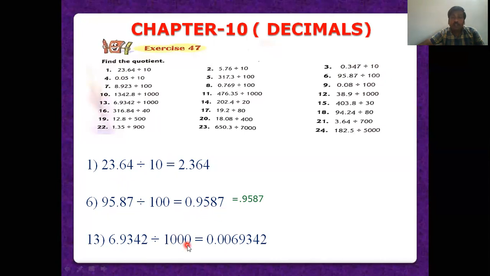And here it is 1000: move the point after 3 digits to the left side, but here there is only one digit, so write 0 and 0 before 6. It makes 3 digits, 006, and write the decimal here, and you can write the 0 or not. In this way we can solve these questions.